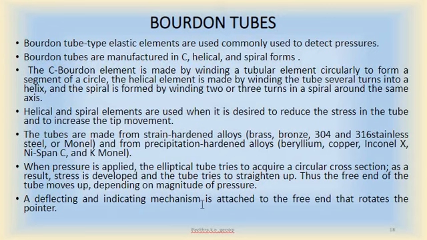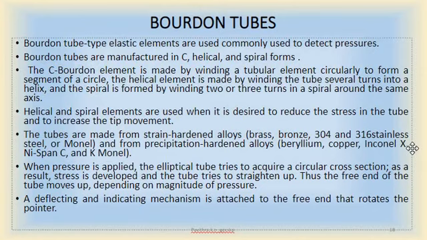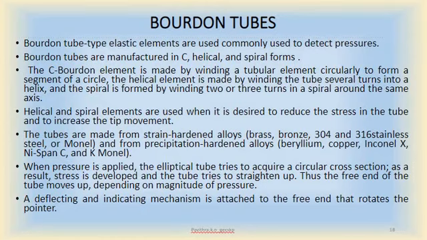It is attached to the free end of the tube and rotates the pointer, and from the pointer scale measuring system we can obtain the pressure. The deflection obtained at the pointer is proportional to the pressure input, or the amount of straightening that happened in the Bourdon tube. So that is about the Bourdon tube.